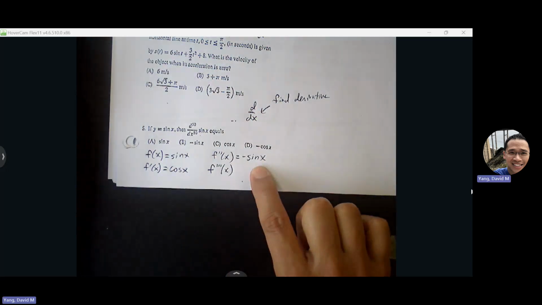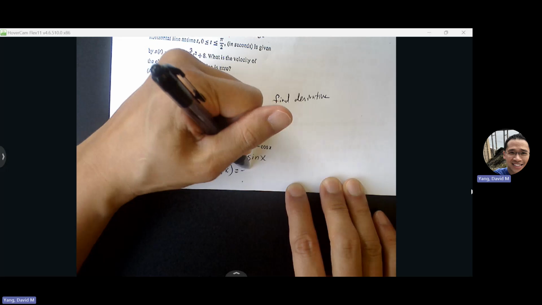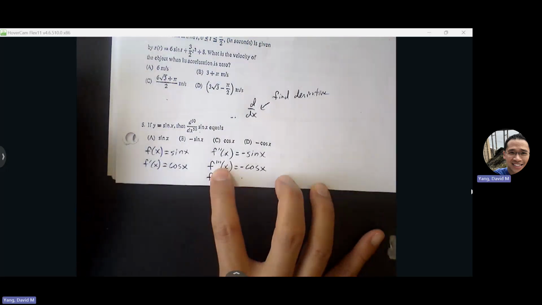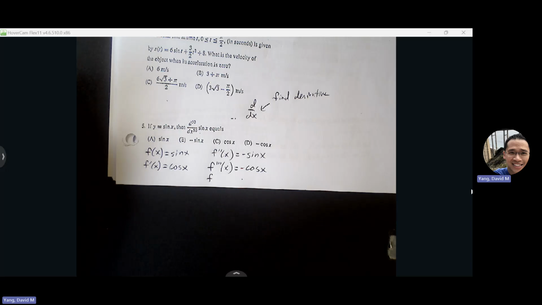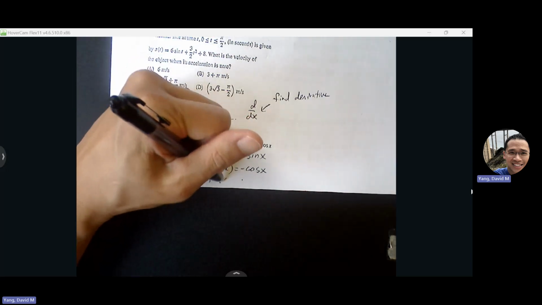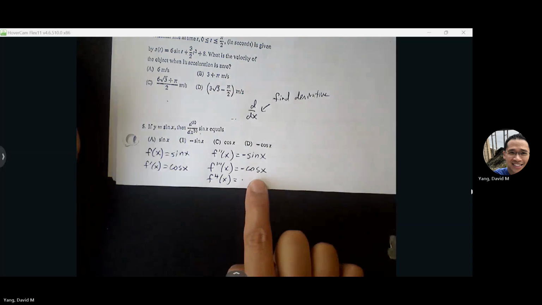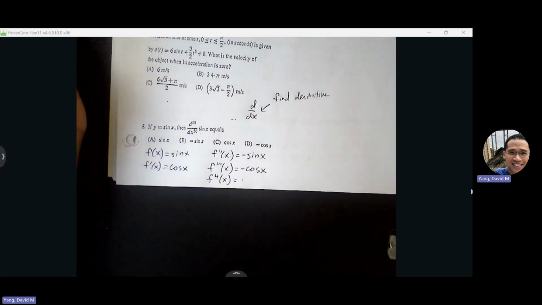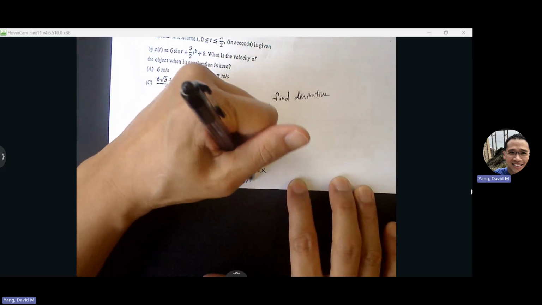Third derivative, what do you think negative sine becomes? Negative cosine. And then after we get to the fourth derivative, we don't use the apostrophe anymore. We just use a number. So the fourth derivative will come back to what? Just sine, because cosine becomes negative sine, but the two negatives become positive. So now we're back to sine.